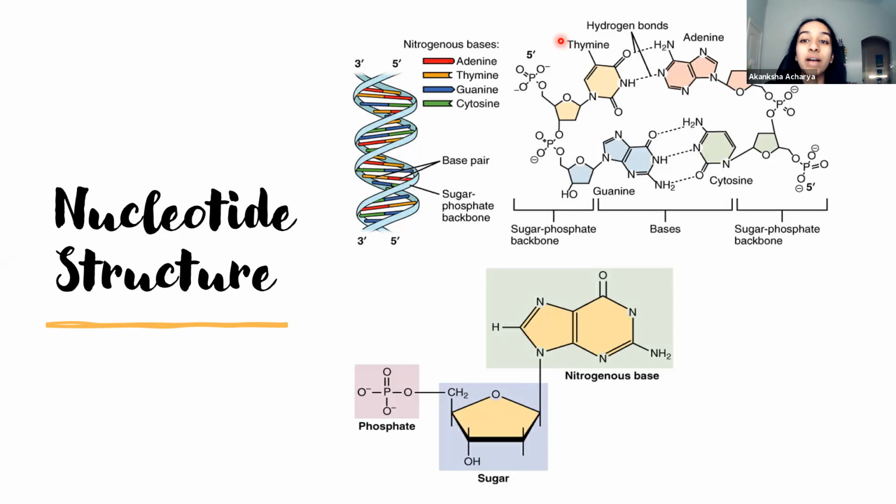We also talked about how hydrogen bonds are used to hold the nucleotides together. So fun fact, you don't need to worry about remembering this, but there are two hydrogen bonds between thymine and adenine, and there are three between guanine and cytosine. So typically the chunks or sections of DNA that have more guanine and cytosine are stronger because there's more bonding.